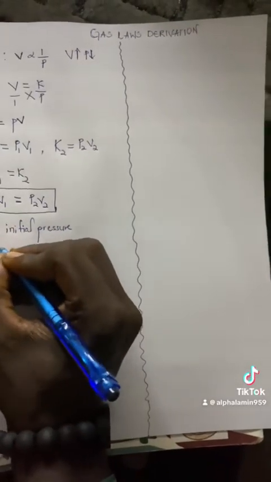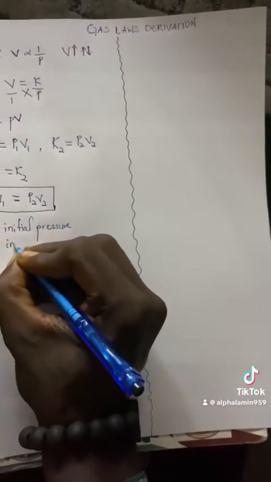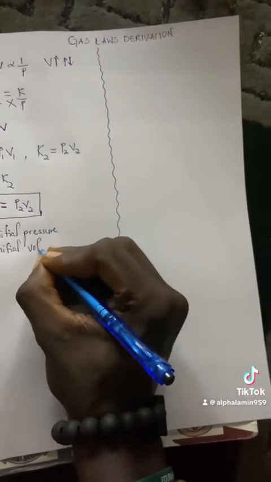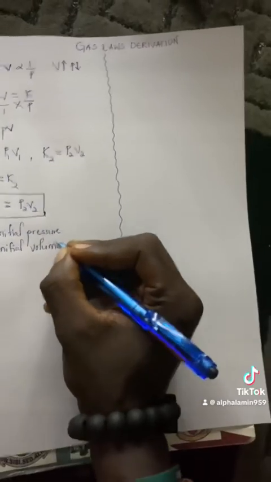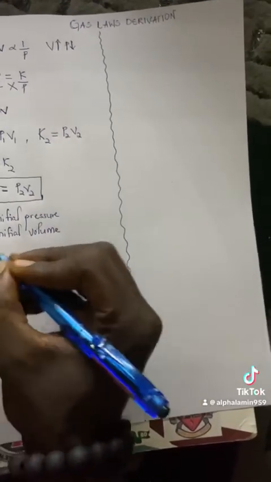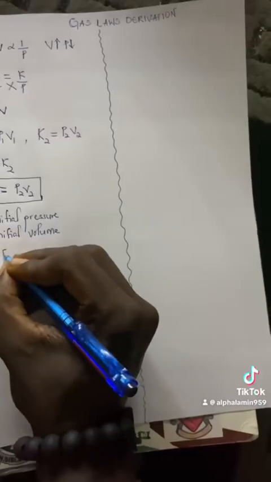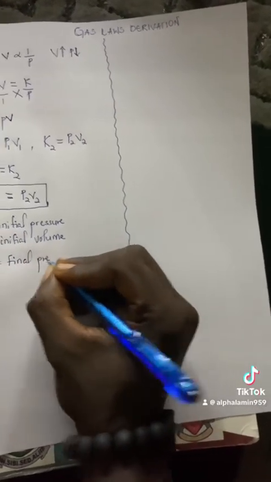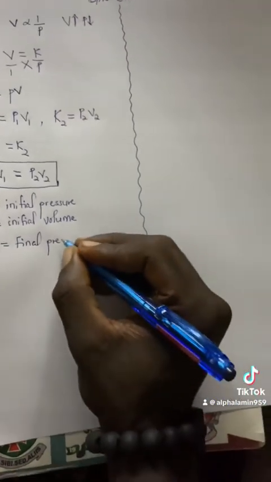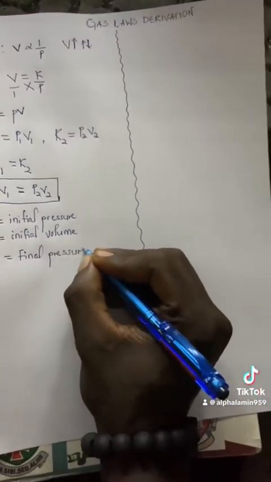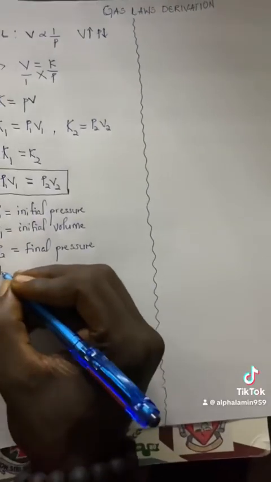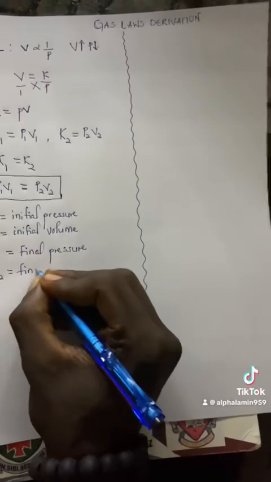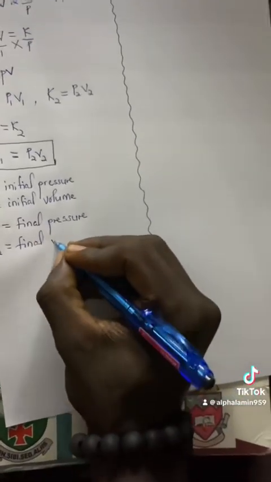V1 represents initial volume. P2 represents the final pressure. And V2 represents the final volume of the gas.